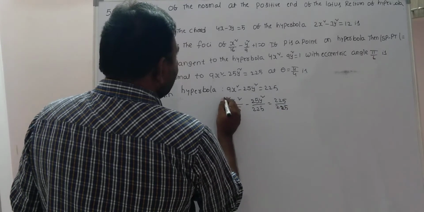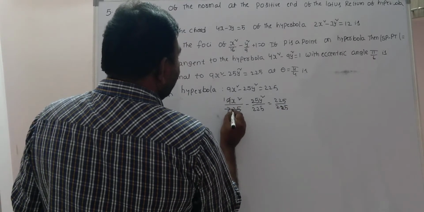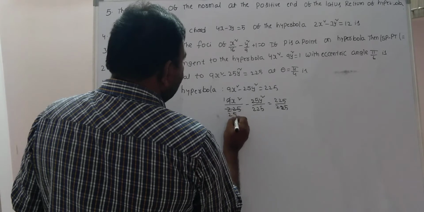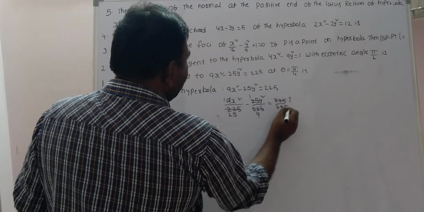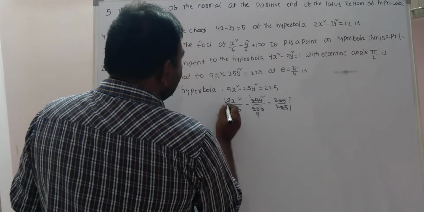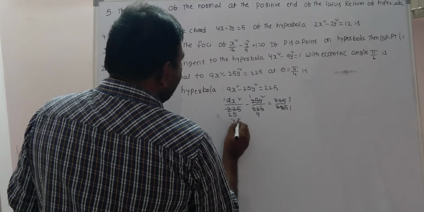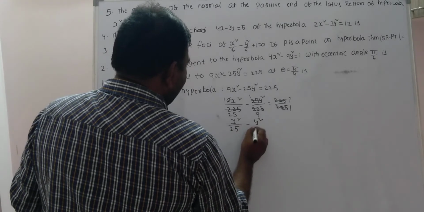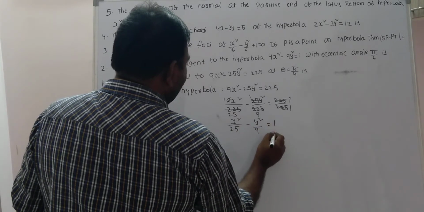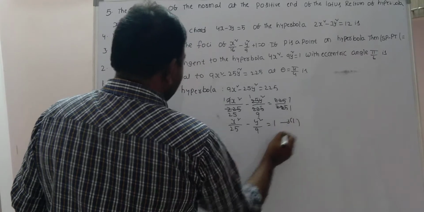Here 9 ones are 9, 25 ones are 25, 9 25s are 225. So here x square by 25 minus y square by 9 is equal to 1. Take this as the first equation.